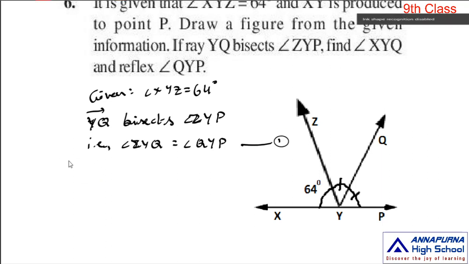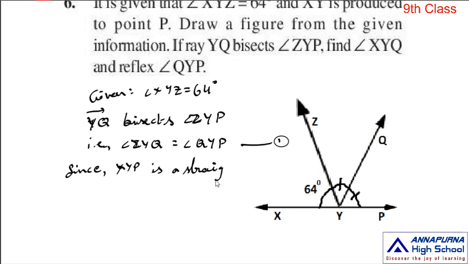Since XYP is a straight line, see the figure, angle XYZ plus angle ZYQ plus angle QYP is equal to 180 degrees.